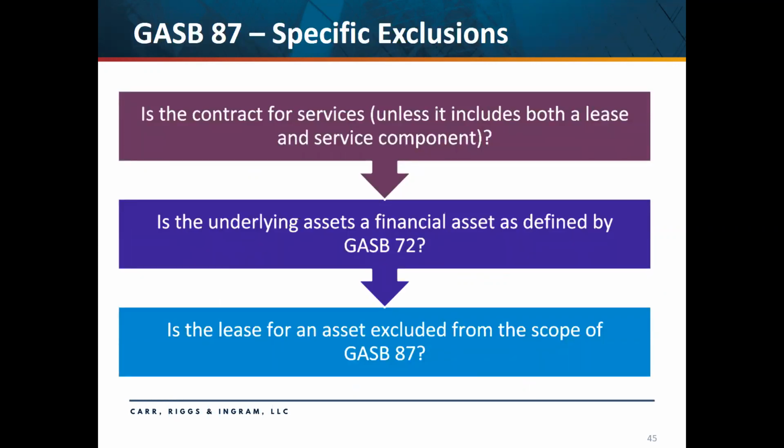So some specific inclusions maybe is the contract for services. Is it covered under GASB 60? Is there an underlying asset, a financial asset that's going to be defined by GASB 72? Is the lease for an asset excluded from the scope of 87 that we spoke of earlier? Is it an intangible? We need to ask ourselves these questions in order to determine, is it going to be specifically excluded?